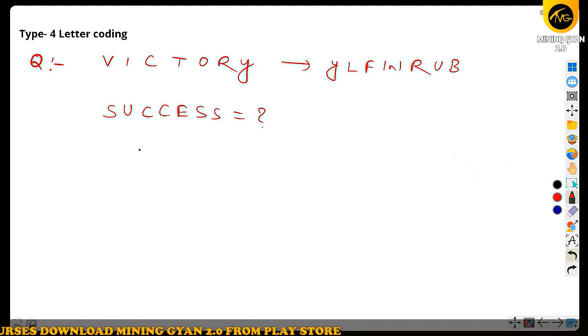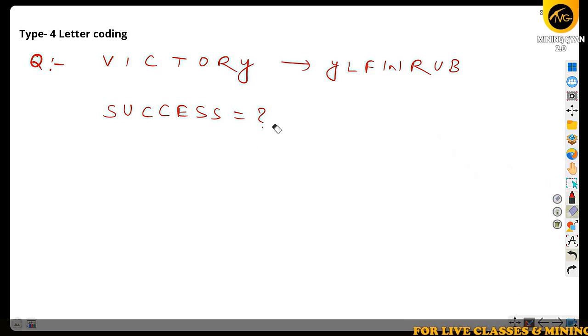Basically the question is, victory can be written as YLFWRUB. Then how can we write success in the same coded language? So we have to find out how victory and YLFWRUB are related to each other. Then similarly you can find the same way to decode the word success.